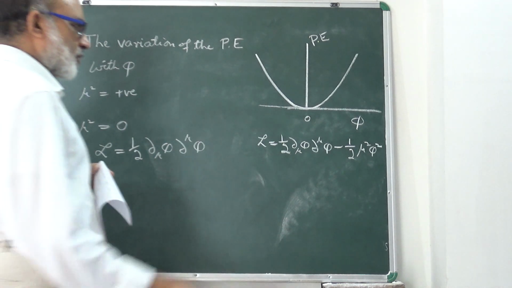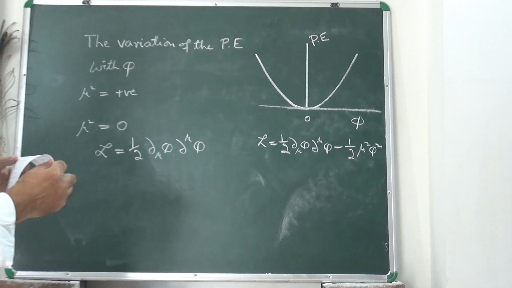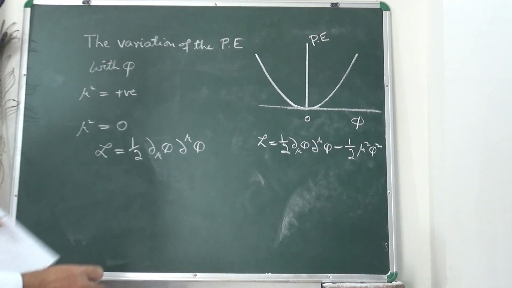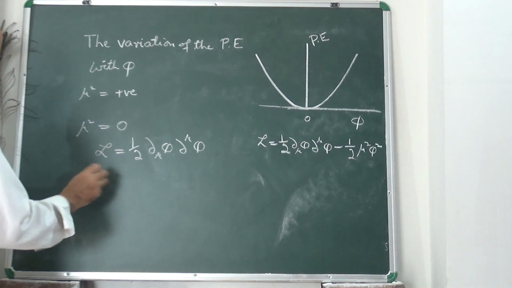Without the potential energy, the corresponding mass of the field is 0. That is, the quanta of the field has zero mass, that is massless.